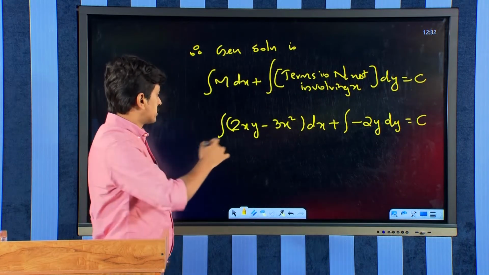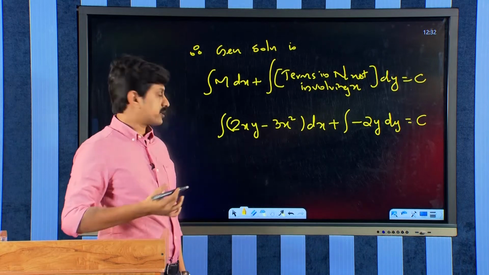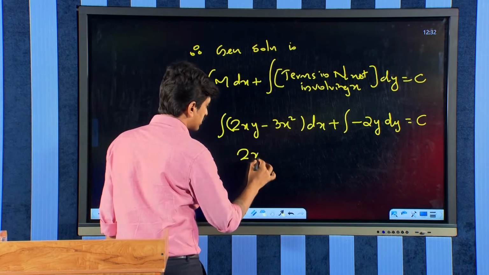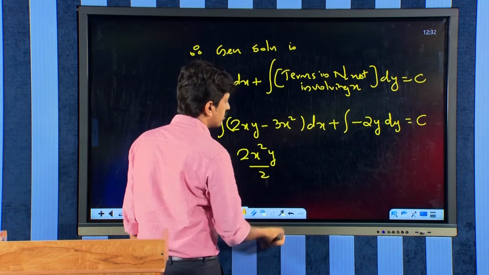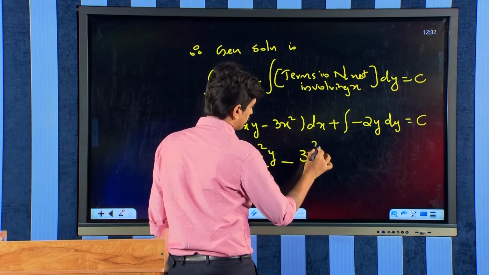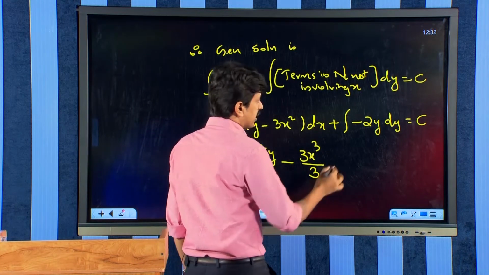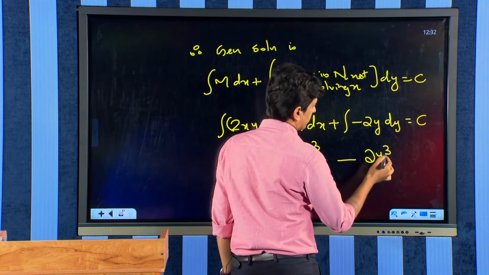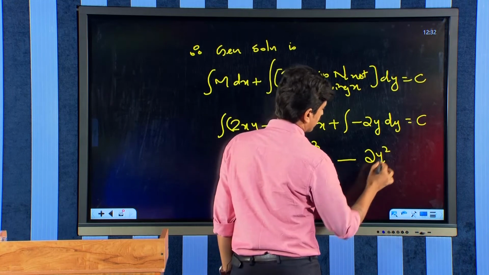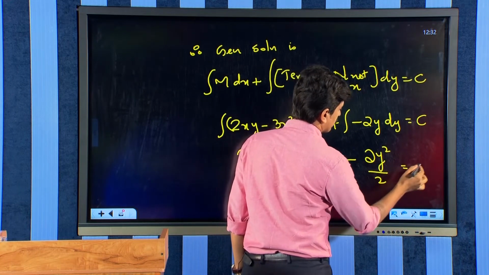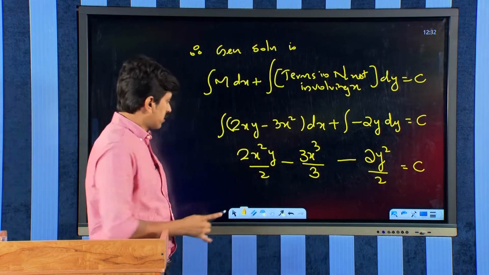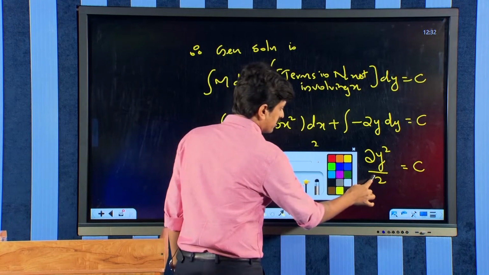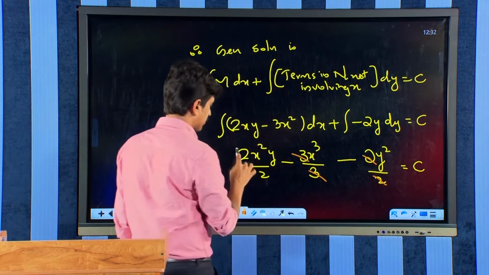While integrating with respect to x, we have 2x^2 y divided by 2, minus 3x^3 by 3, minus 2y^2 divided by 2, is equal to c. We can cancel the 2 and 2, the 3 and 3, and the 2 and 2.